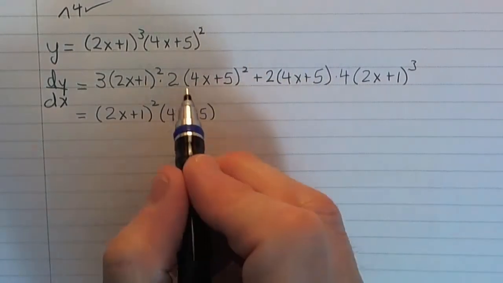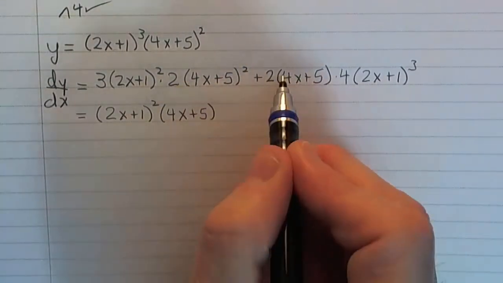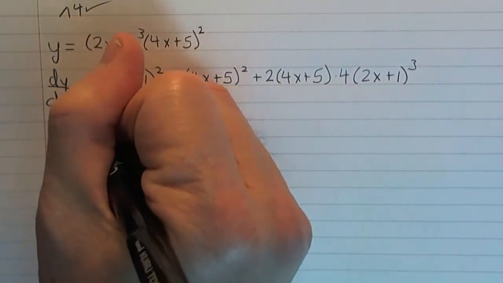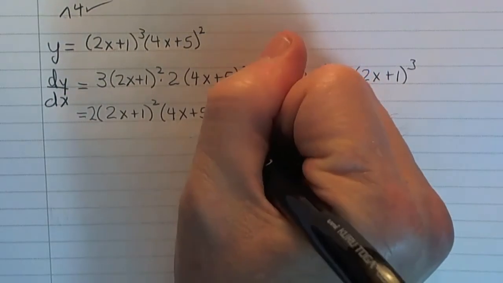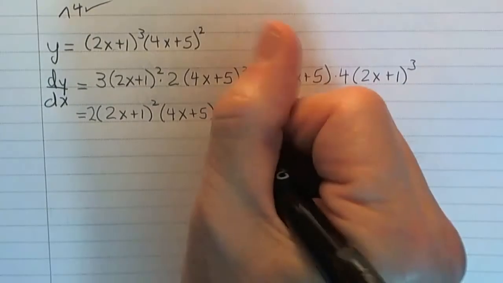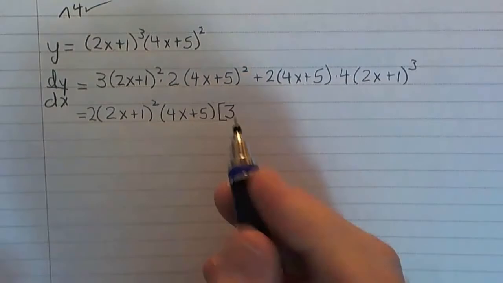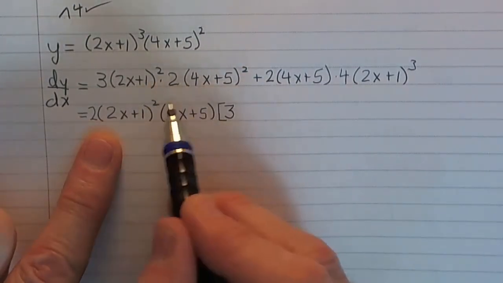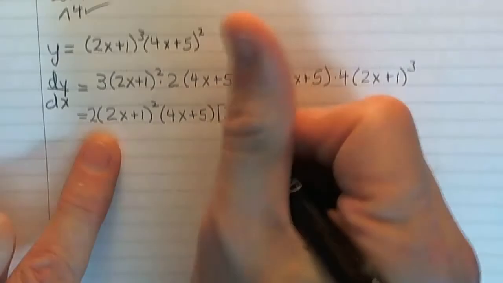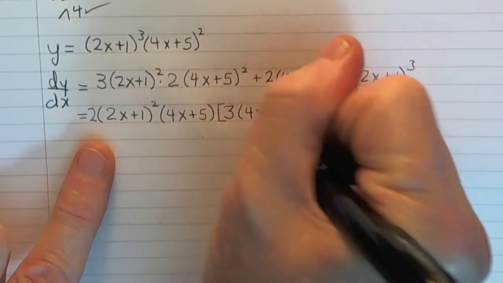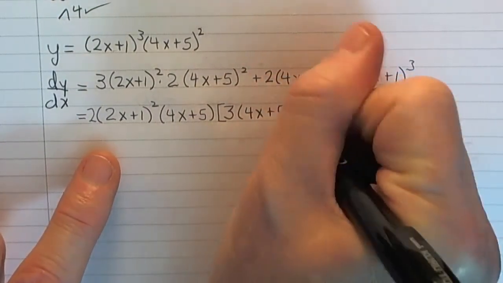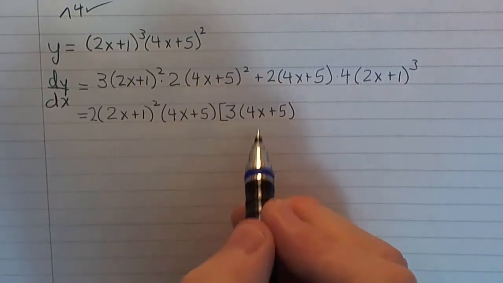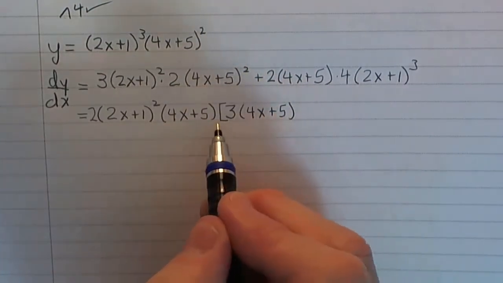Now I can also factor out a 2. See? So I'll just put a 2 there. Now let's see what I've got left here. I've got this 3. I factored out the 2x plus 1 entirely. I factored out that 2, but I've still got a 4x plus 5. See there?